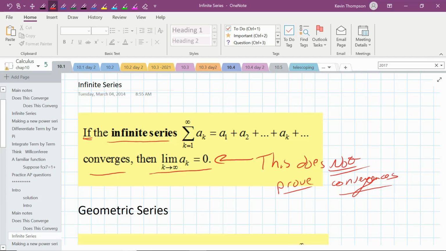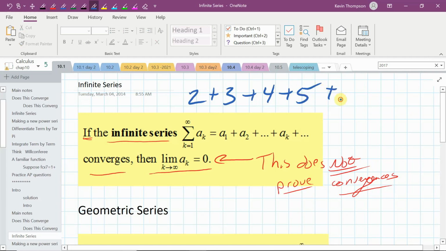So if something is doing this, if I'd say 2 plus 3 plus 4 plus 5 plus forever and ever and ever until the end of time, are we expecting that to equal a number? We're not, right? So this is definitely going to diverge.